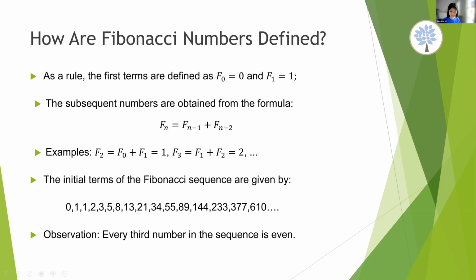And you can even take a look at the parity of the numbers and observe that every third term in the sequence is even. You can see this by mapping out the terms based on the parity. So F0, which is 0, is even. F1 is odd, and F2, even plus odd, is odd.